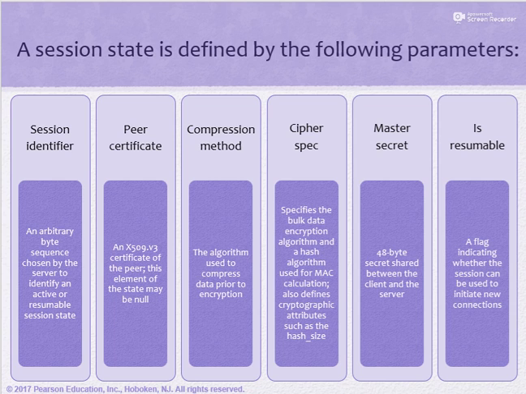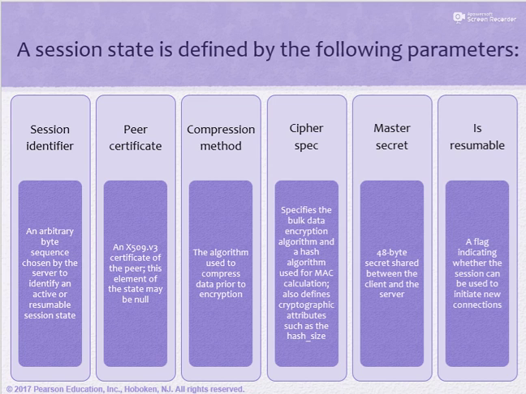It is defined by these parameters, like the session ID. It is an arbitrary byte sequence chosen by the server to identify an active or resumable session state. Then we have the peer certificate, which is the X509 version 3 certificate of the peer. It can also be null.